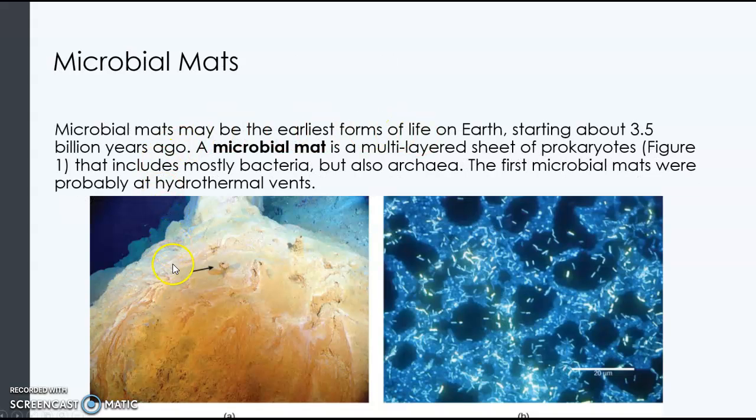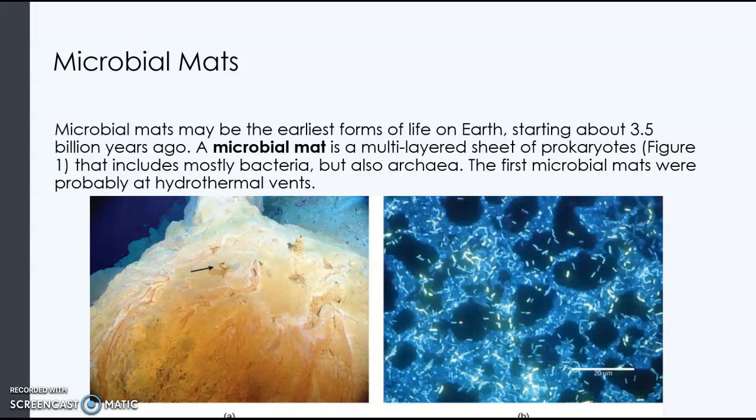This is an image of a microbial mat, which may be the earliest form of life on Earth. Microbial mats form layers. They're like multi-layered sheets of prokaryotes, mostly bacteria, but some archaea.